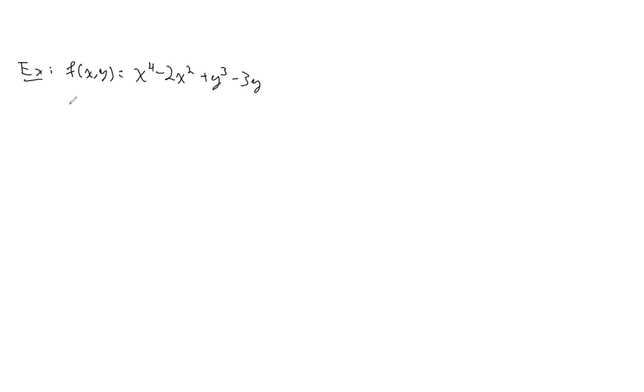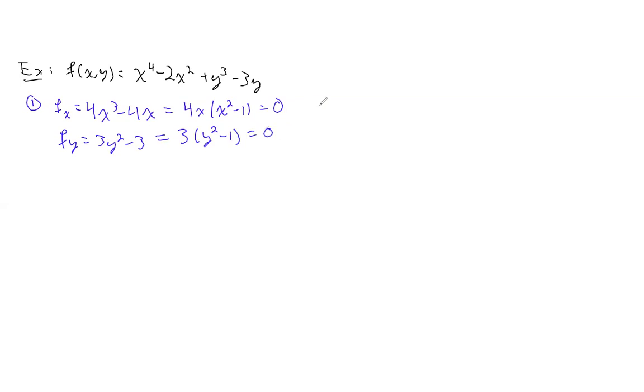What does this come out to? Well, fx is 4x cubed minus 4x. Again, factor that, you get 4x times x squared minus 1, that's 0. fy is 3y squared minus 3, which is 3 times y squared minus 1, which equals 0.